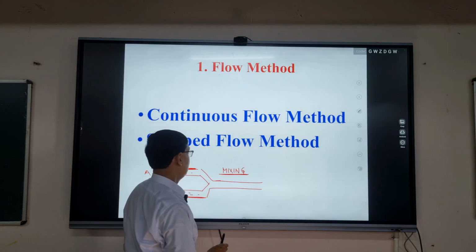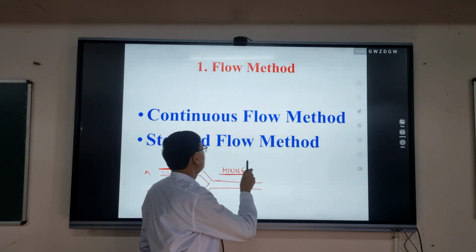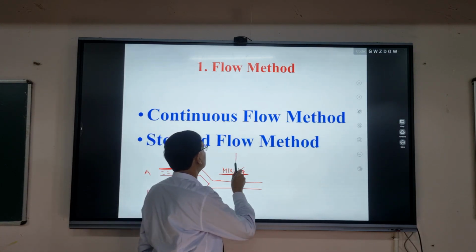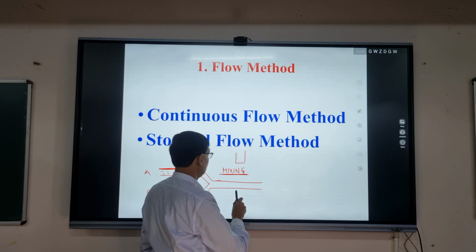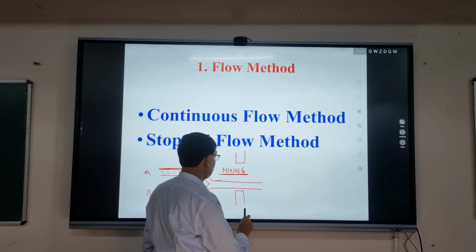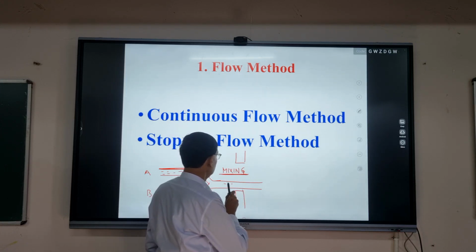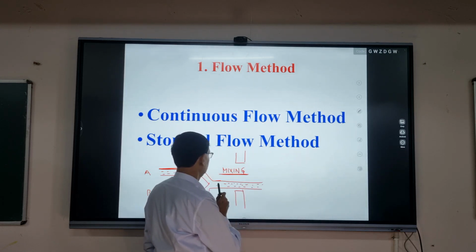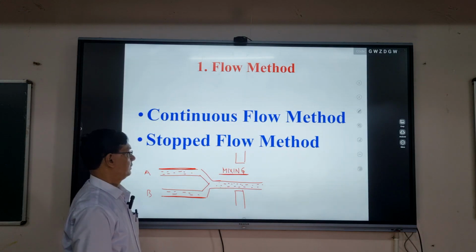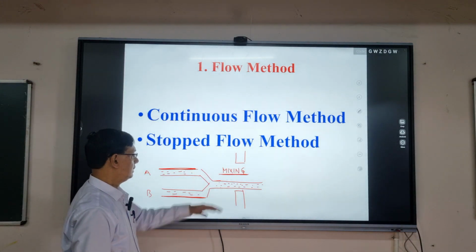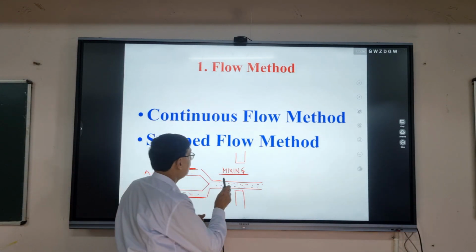Then if it is a continuous flow, there must be some detector, any type of detector, which can detect the color changes or absorbance or whatever it is. This is movable because that is moving.